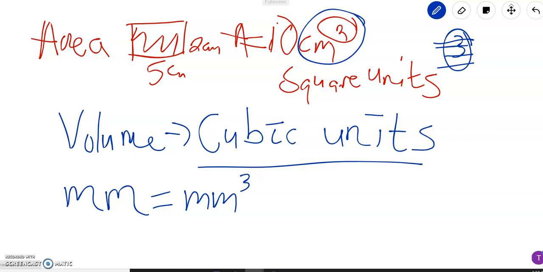Then we also have centimeters. Now you might measure the volume of your phone, or maybe the volume of your iPad or something like that. And that would be measured in cubic centimeters.